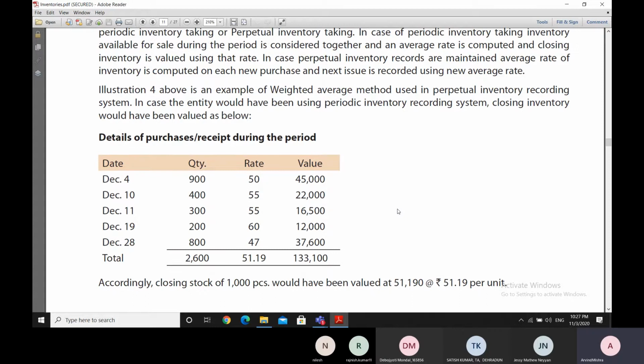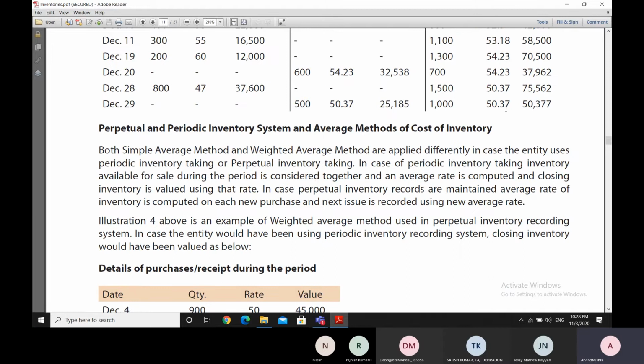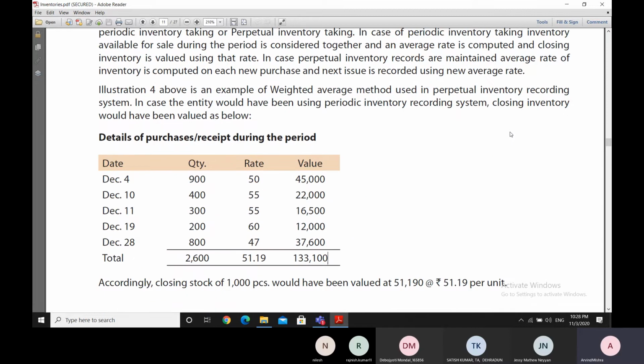So what we have seen here is that if we use the weighted average method for the perpetual inventory recording system, we are getting a valuation of 50,377 for the 1,000 units in the inventory. But when we are using the weighted average method in the periodic inventory system, then we are getting a valuation of 51,190.